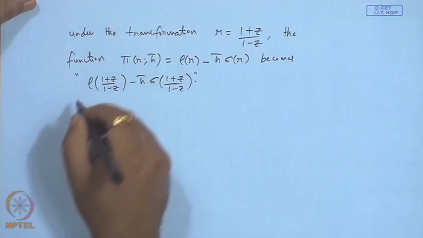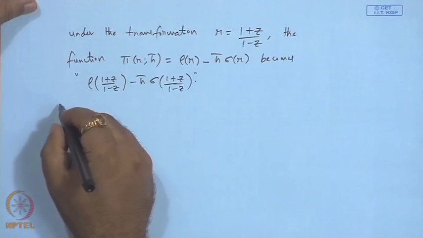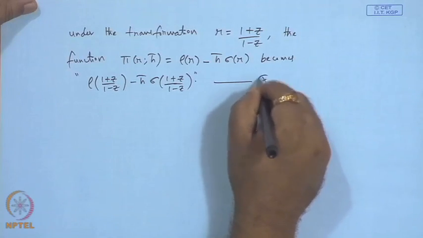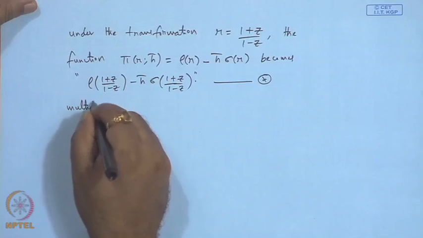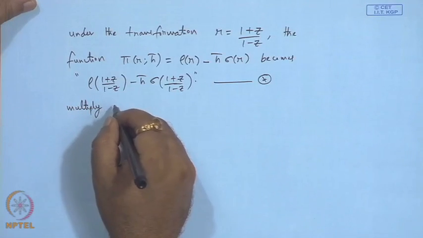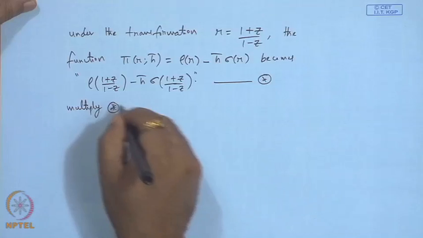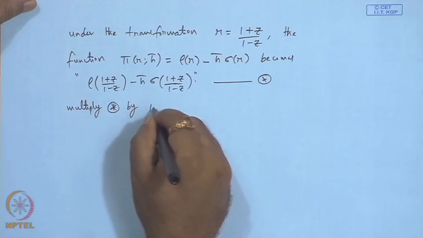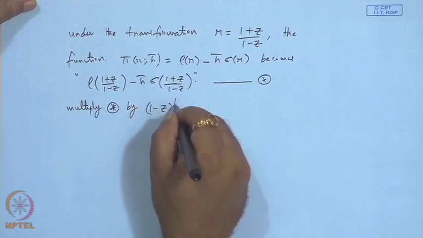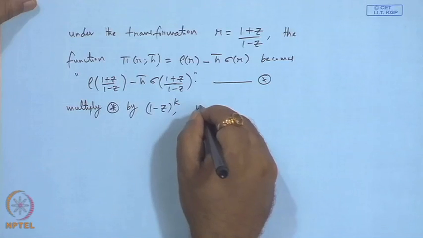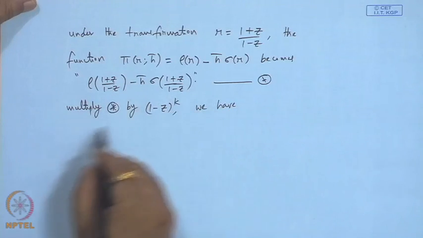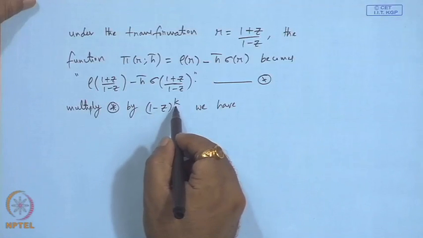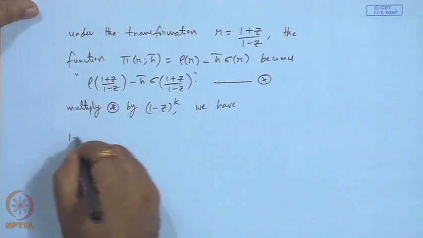Now say this is a star, we multiply star by 1 minus z power k, where k is the order of the multi-step method.